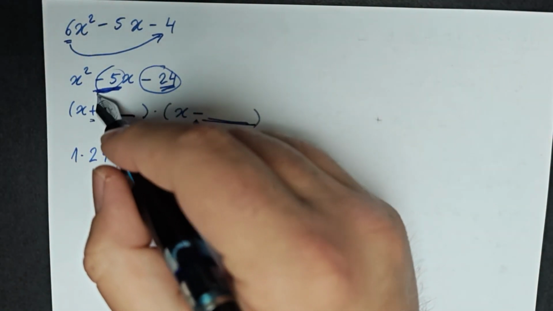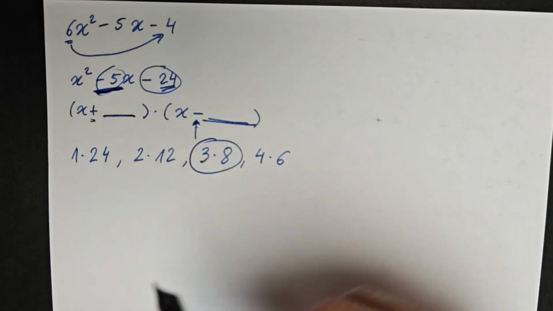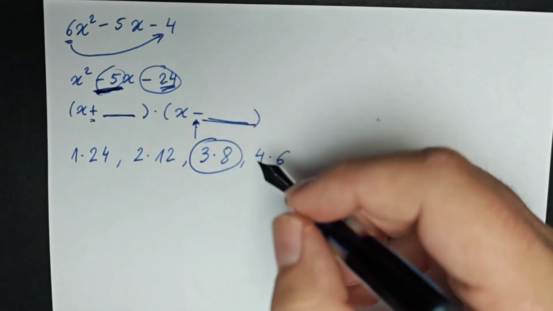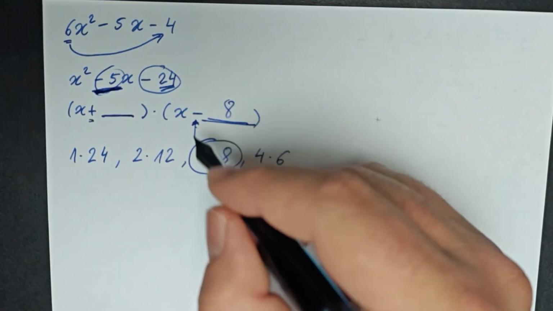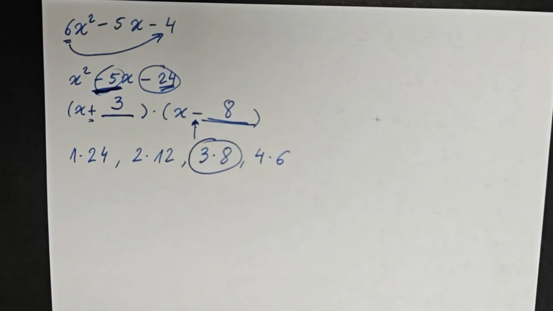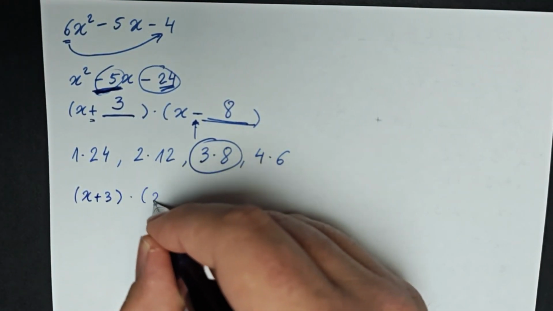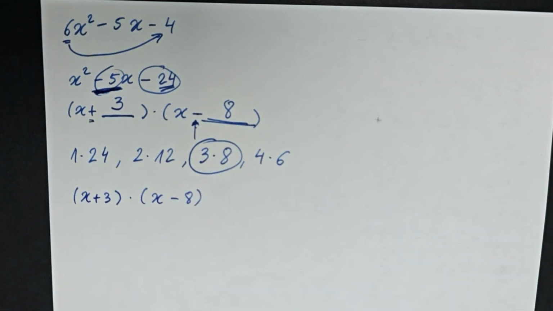Since we have negative 5 at this position here, we want to pair the larger number with the minus sign. So 8 goes here because of the minus sign, and the remaining number 3 goes in the remaining position. So we have x plus 3 multiplied by x minus 8.